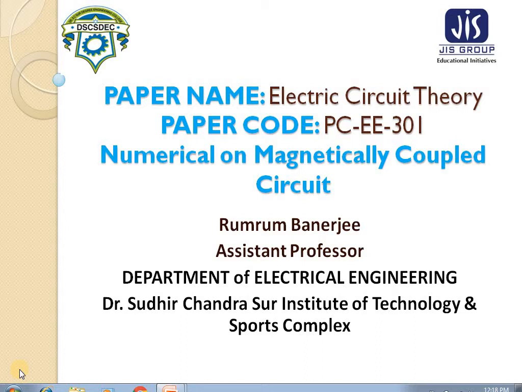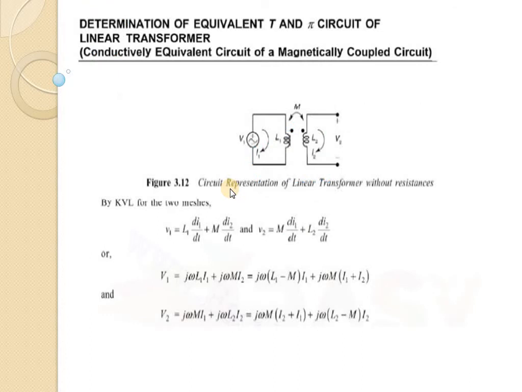Based on that, some numericals were solved in my previous lecture. In this lecture, we will do some theory first and then go to the numerical calculations. Let us start with the magnetically coupled circuit.